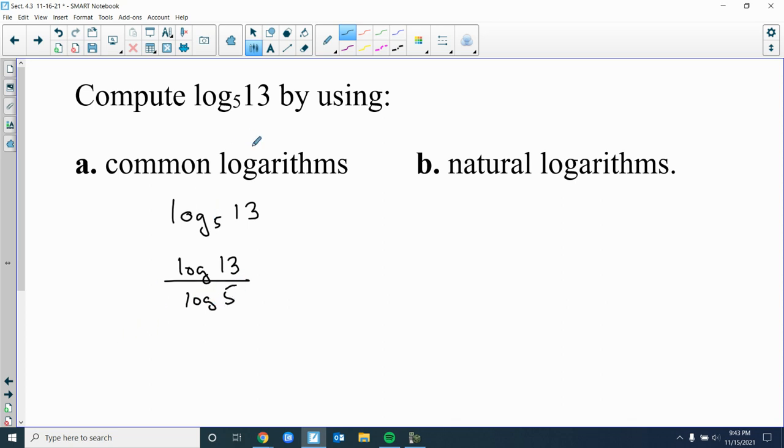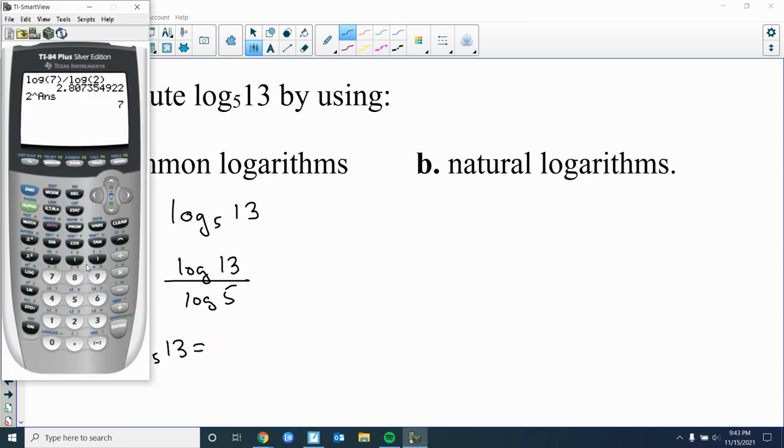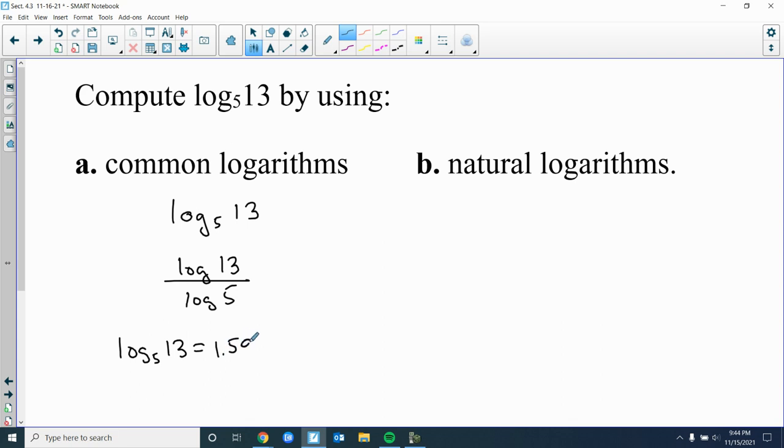And that's going to give me 5 to what power equals 13. So I'm going to clear this out. I got log of 13 divided by log of 5, and I get 1.5 for that. I said it didn't matter what base. Those two are just the easiest because they're on your calculator in a convenient spot.